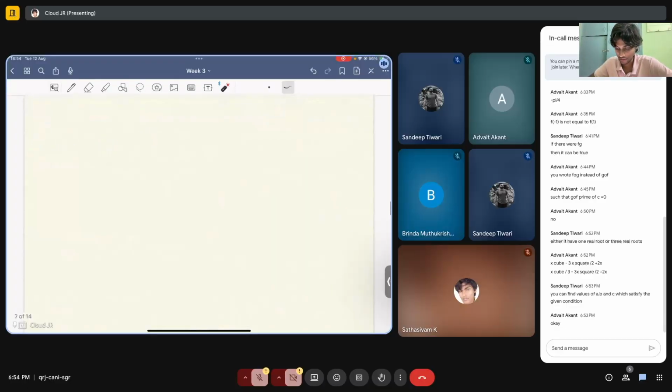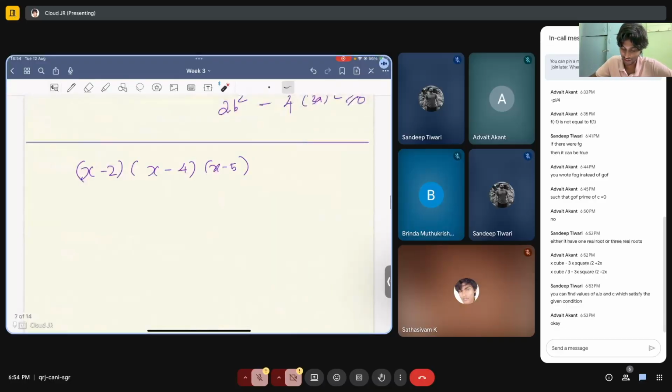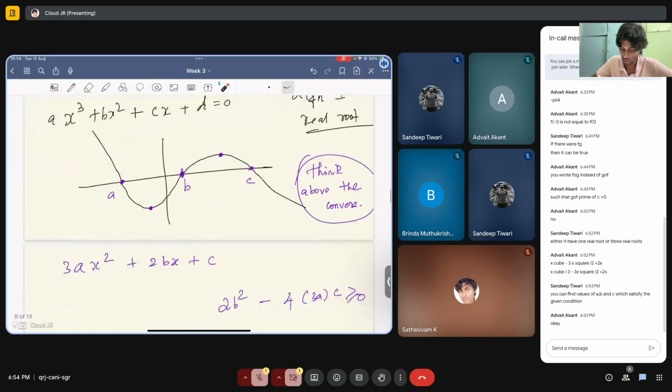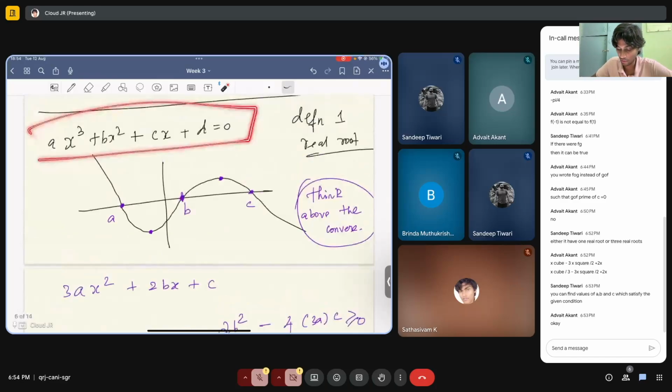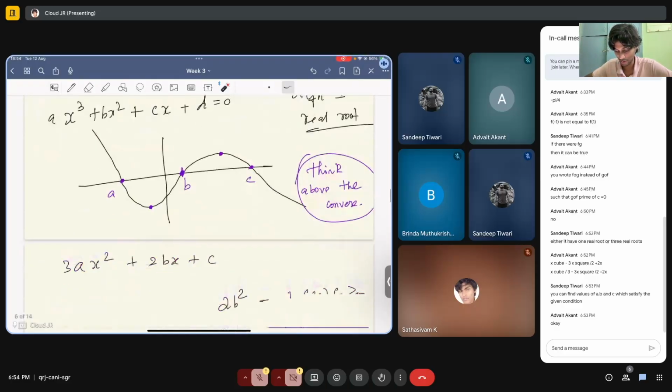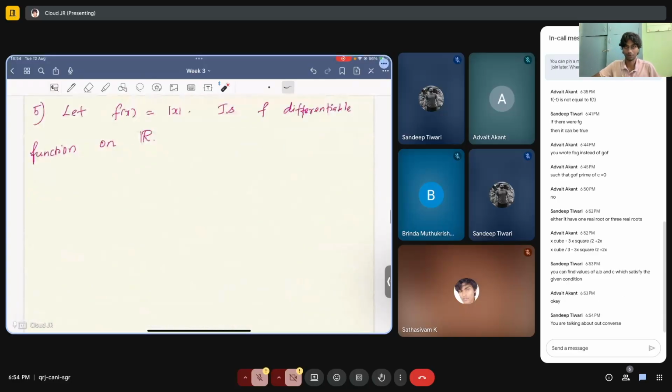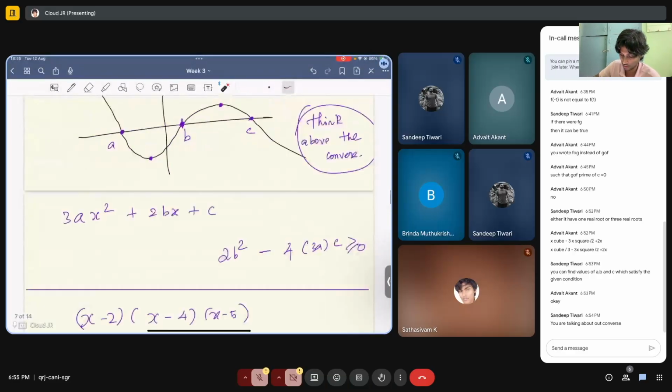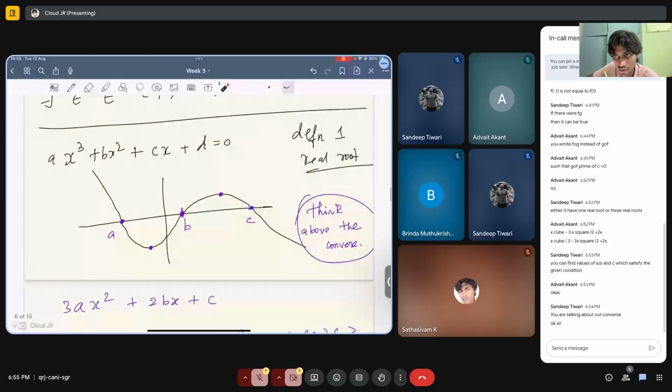In fact, there is a theory behind it, okay? There is a theory behind how the roots of polynomials exist, and that actually uses the derivative. Basically, it uses Rolle's theorem only. But anyway, let's proceed. Yeah, I'm talking about the converse of this problem.